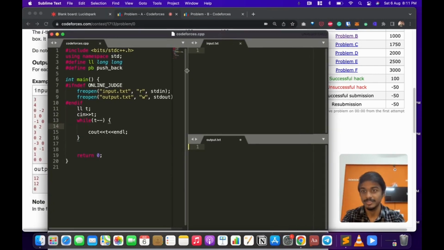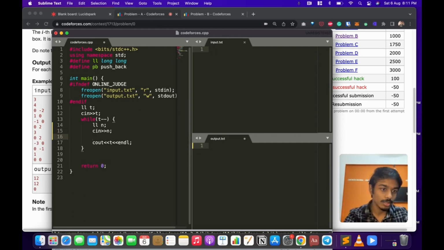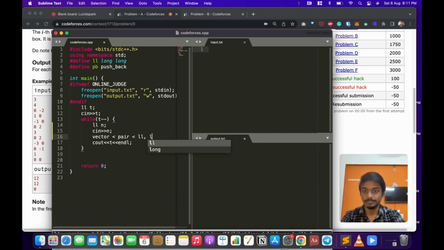Just streaming problems. So this is the solution, that is LLM seen, and how many number of things are there. Then we'll store all the array in a vector path. I forgot the syntax.